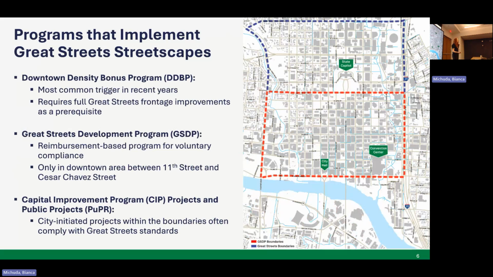We see quite frequently, like you're mentioning, sidewalk cafes that come only through the license agreement side. We're not talking about a downtown density bonus project. We're talking about just installing tables and chairs or some type of improvement in the right of way, which is only through the license agreement process.